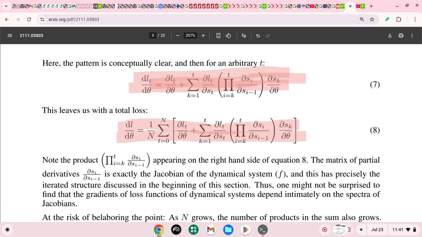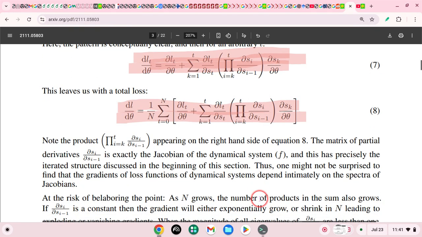So the eigenvalues of these Jacobian matrices will determine whether this iterative process of optimization will converge or diverge. That is the main crux of this paper.